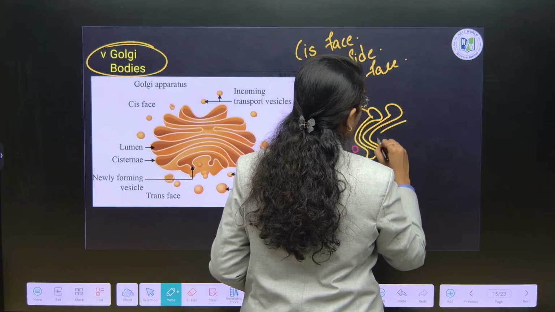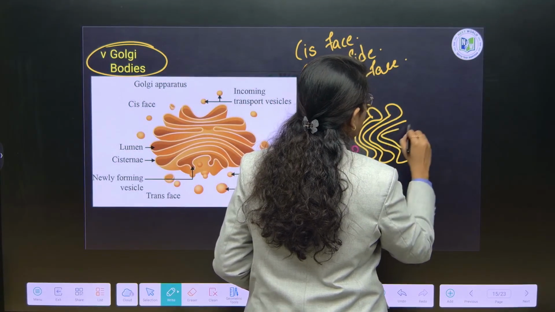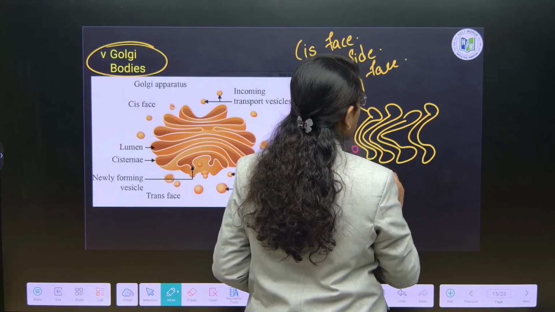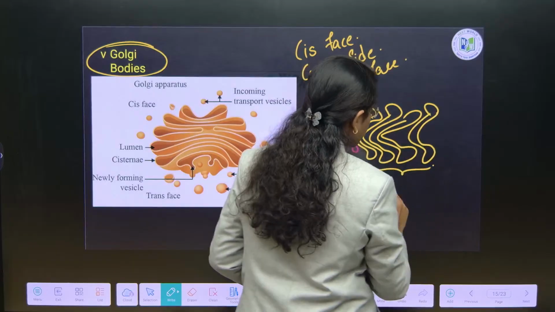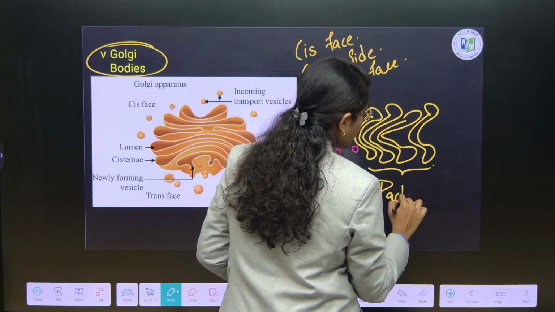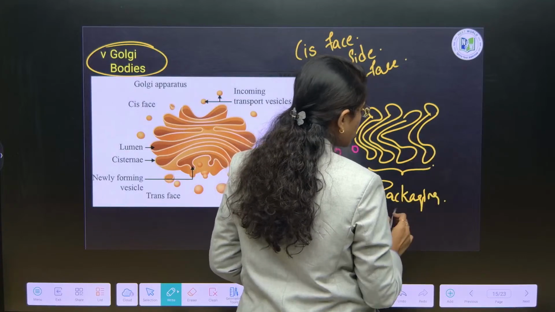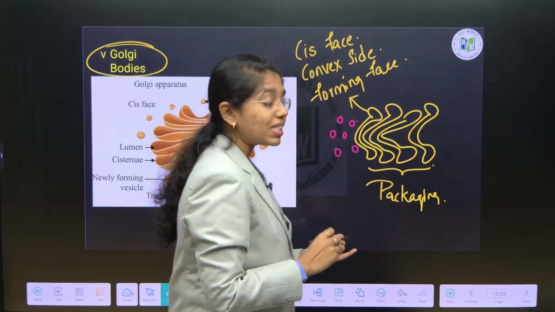Inside the Golgi bodies, first of all, Golgi bodies are having what? Cisternae. Okay, these cisternae are interconnected. Inside Golgi, packaging will happen.